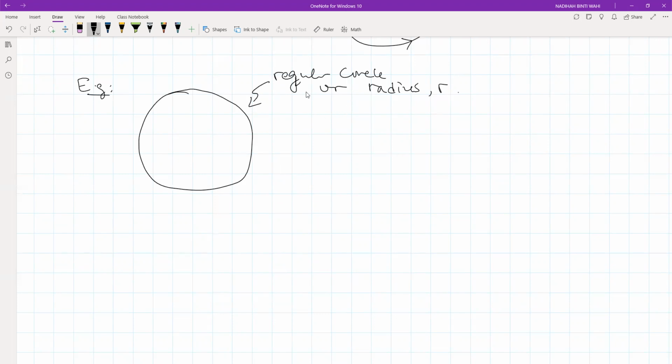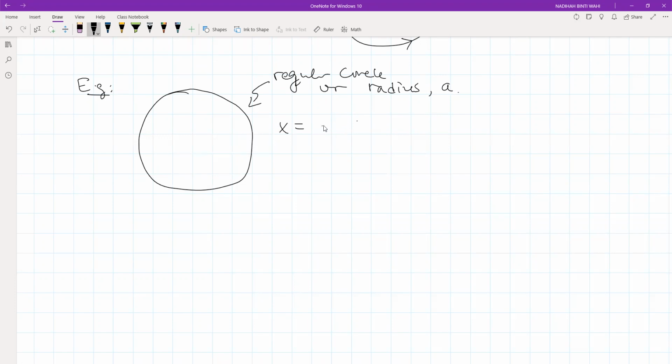Okay, so the parametric equation for this one is x equals r cosine of t, and then y equals r. Oh, I don't want to use r because maybe you will confuse it with the other one. r is constant. Okay, maybe I can use a.